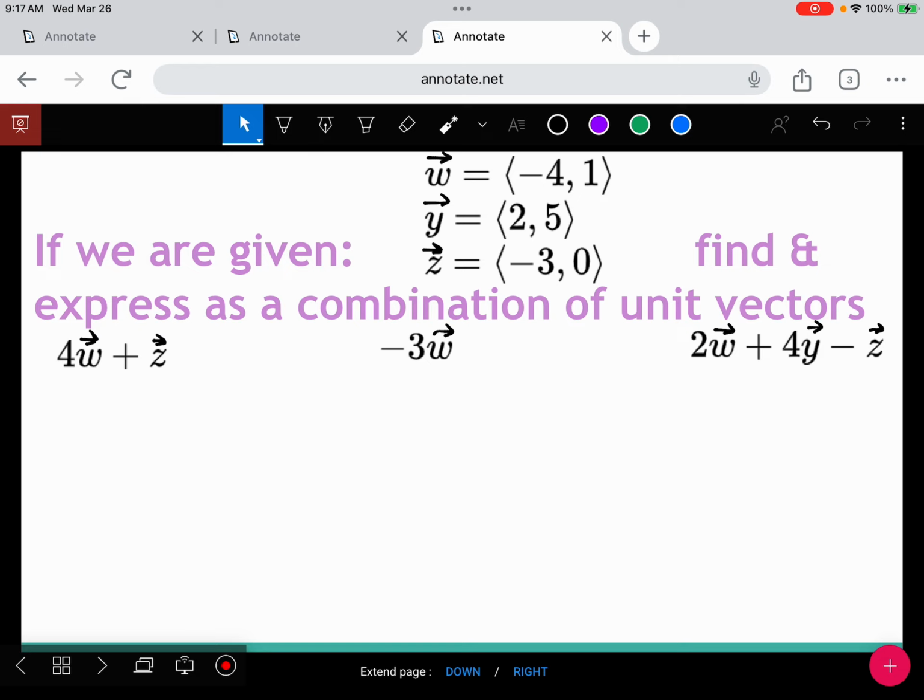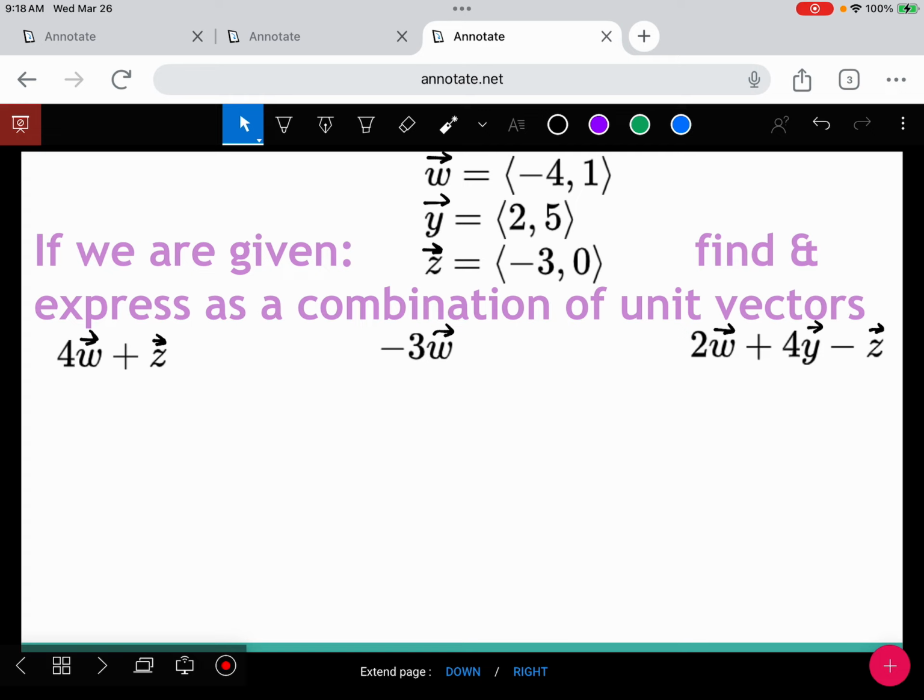There we go. So we've got vector y that has the component form of 2, 5, and we've got vector z that has the component form of -3, 0. We are going to do these operations, and we're then going to write it as a combination of the unit vectors. So we're going to practice that first thing we did too.